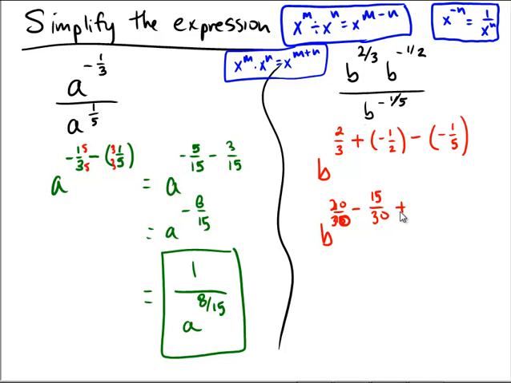Minus a negative is going to be a plus 6 over 30. So 30 is the common denominator that works for 3, 2, and 5, and then we just combine them all together. Final answer, b to the 20 minus 15 is 5, plus 6 is 11. So we get b to the 11 over 30.